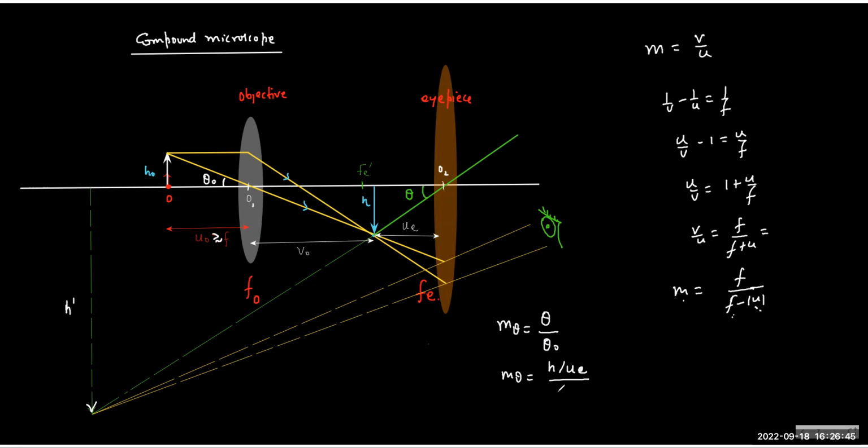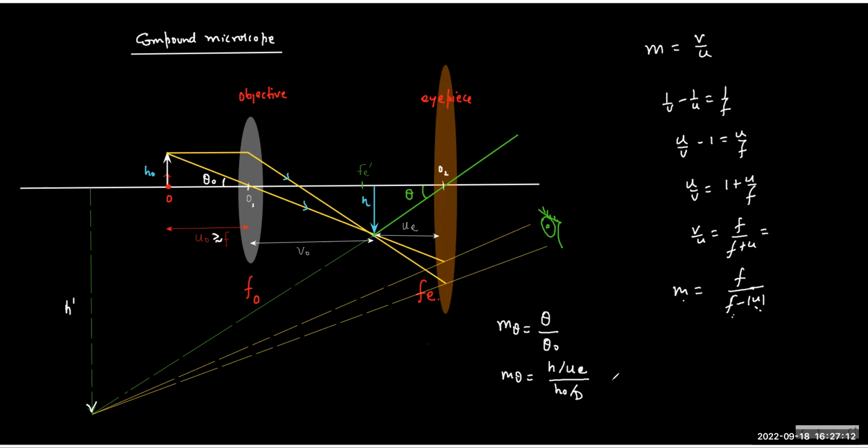So here the unaided angle is the angle which the object will subtend at the objective. What can we write here? H naught by which value? D only, no? So we have to write h naught by D, correct? Yes.